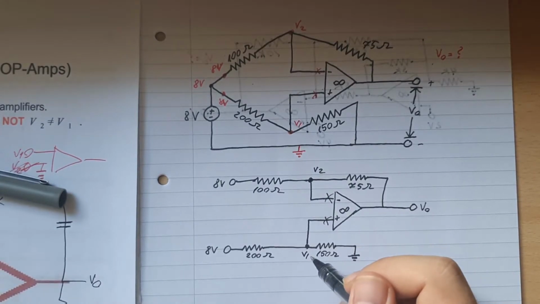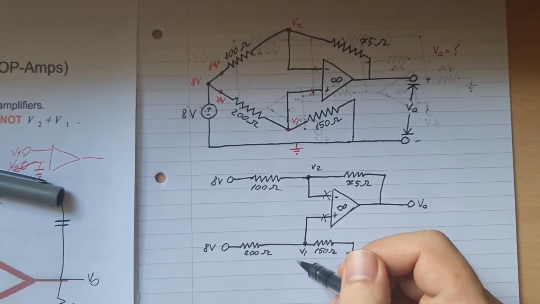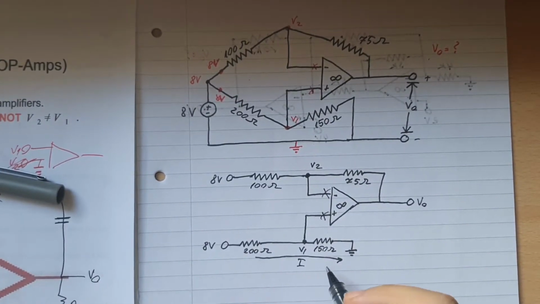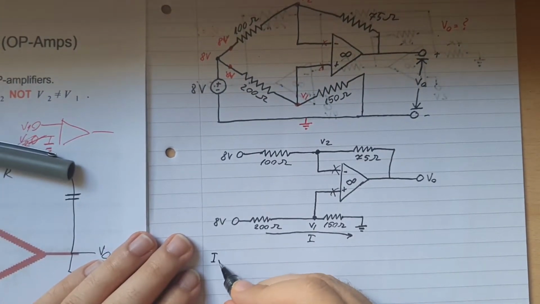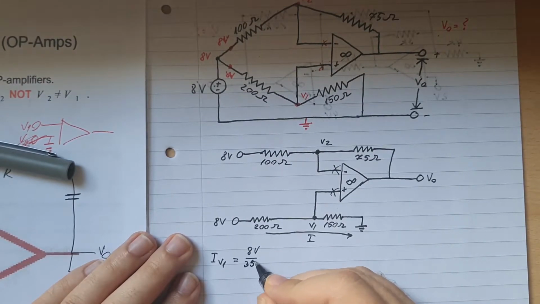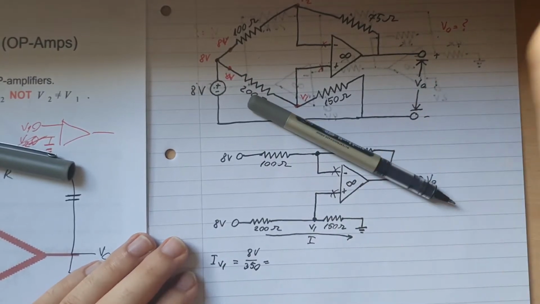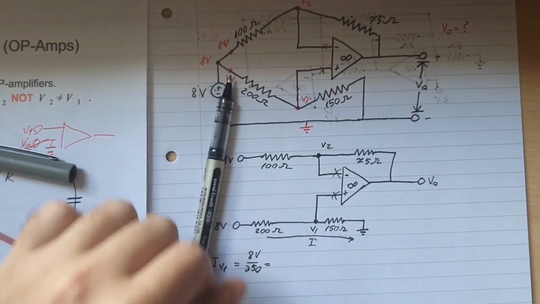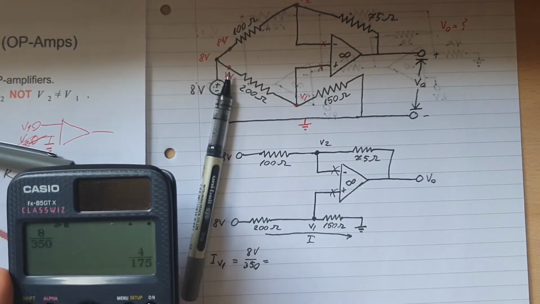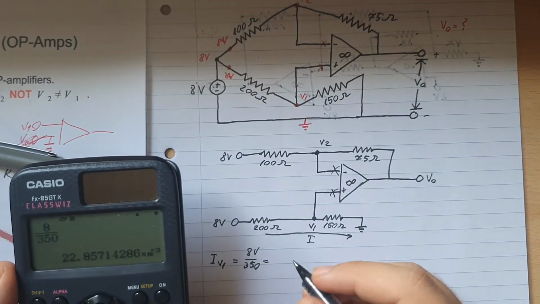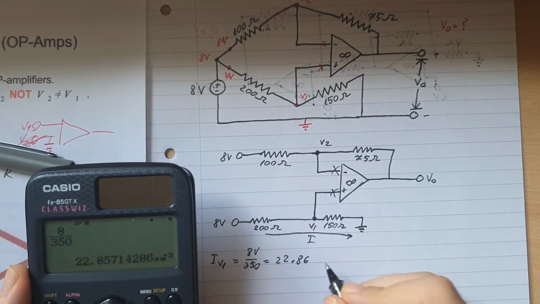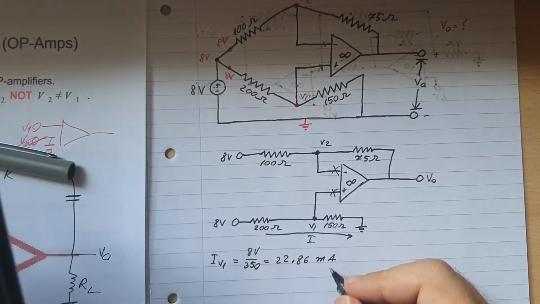We have to determine the voltage inside V1 by applying the current rule this time. So we have a current I in this direction, so I is equal to 8 volts over 350, because I got bored of the voltage divider rule, so let's do it in other methods. 8 over 350 will be equal to 22.86 milliamps.